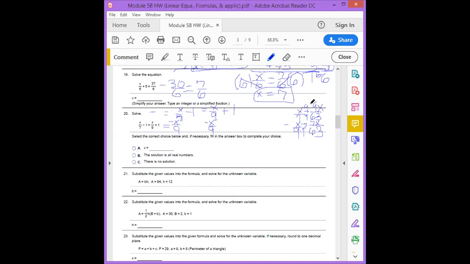Now we can combine these fractions. These are the fractions we're left with: 9x over 63 minus 7x over 63.